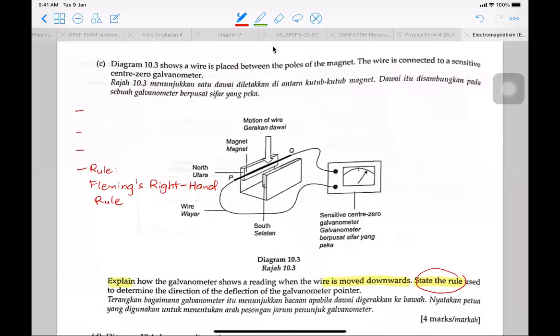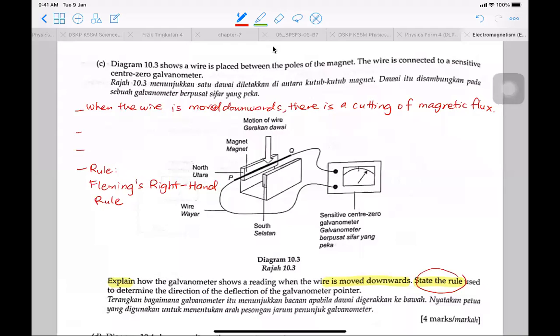When the wire is moved downwards, what will happen? There is a cutting of magnetic flux.